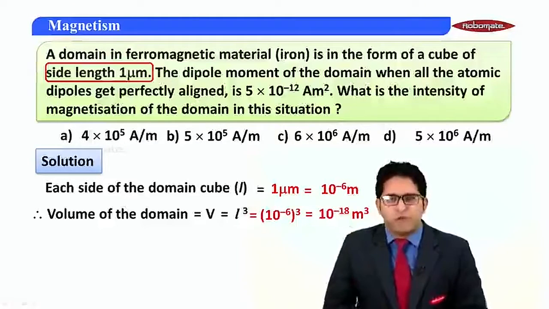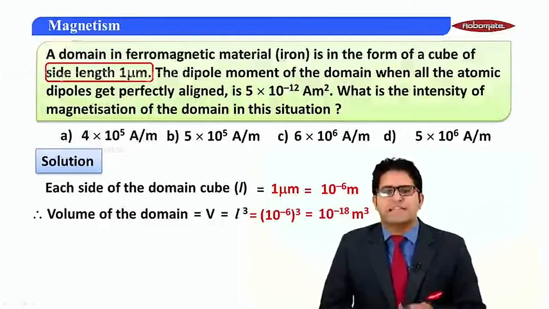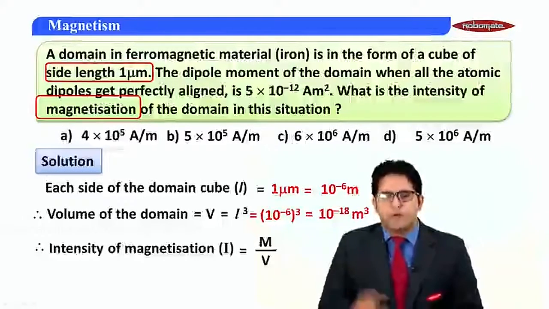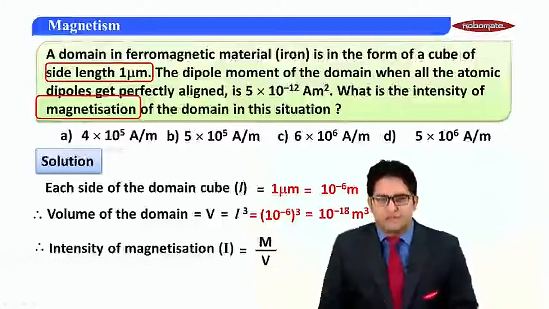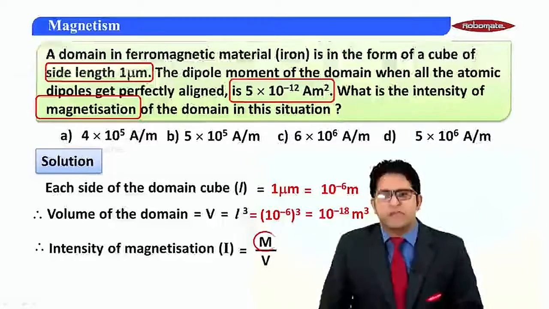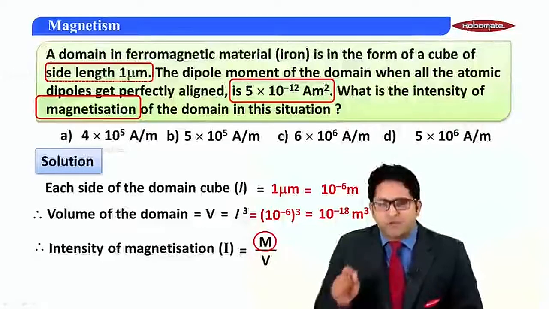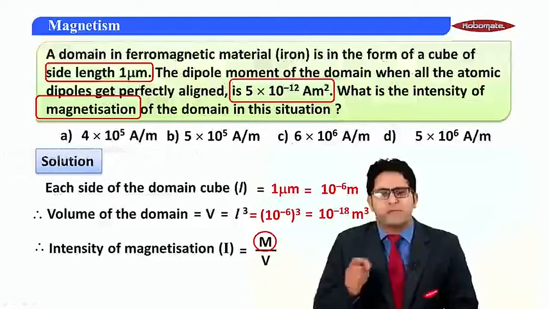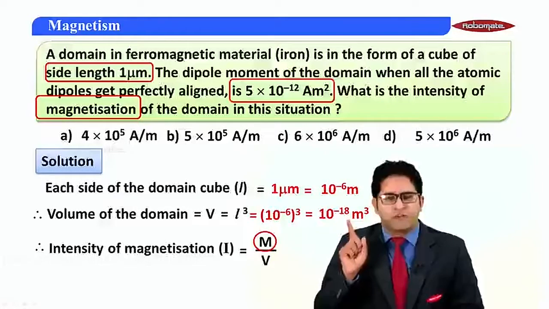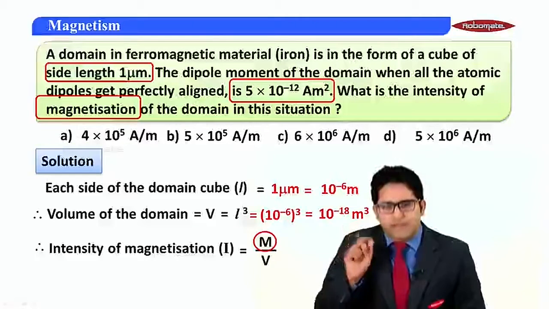So we got the volume. Now we know formula for magnetization. The formula for intensity of magnetization is net magnetic moment per unit volume, that is M by V. And we know value of net magnetic moment. What is the value? The value is 5 into 10 raised to power minus 12 ampere meter square. And we have calculated value of volume. What is it? It is 10 raised to power minus 18 meter cube.